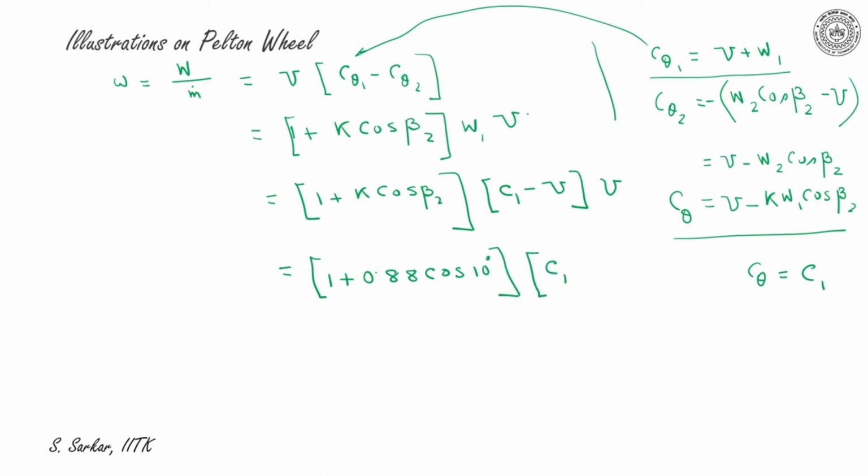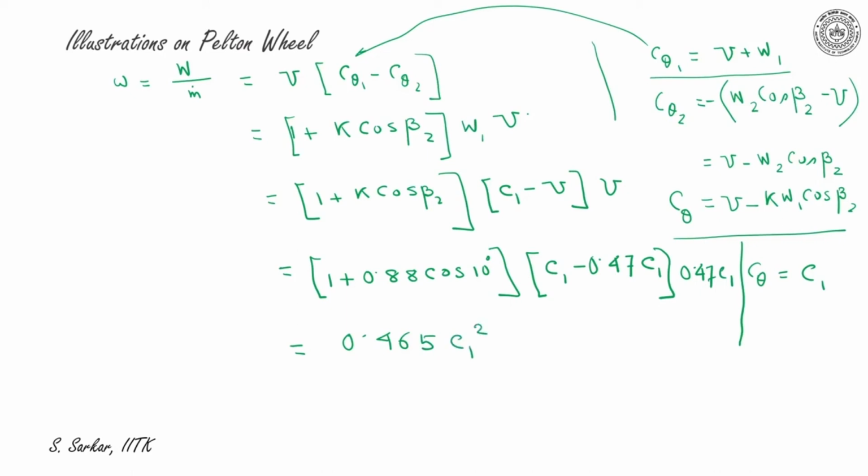Let me put it in terms of C1: U is 0.47 of C1, and again 0.47 C1. So if you do this, it would be 0.465 into C1 squared. Please check the calculation.